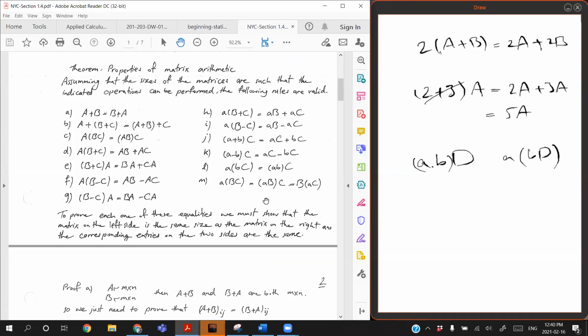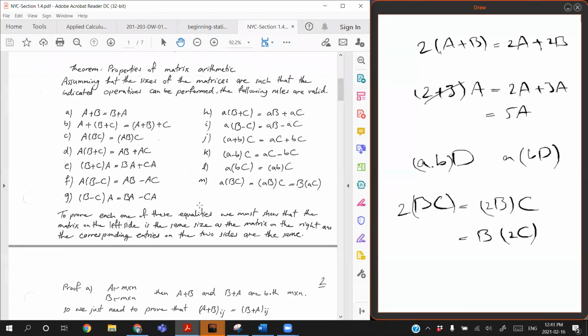And finally, the last one. Imagine you have 2 times B times C. This would be the same as 2B times C. This would be the same as B times 2C. So the scalar can be multiplied by B or can be multiplied by C, or you can do the matrix multiplication first and then do the scalar multiplication.